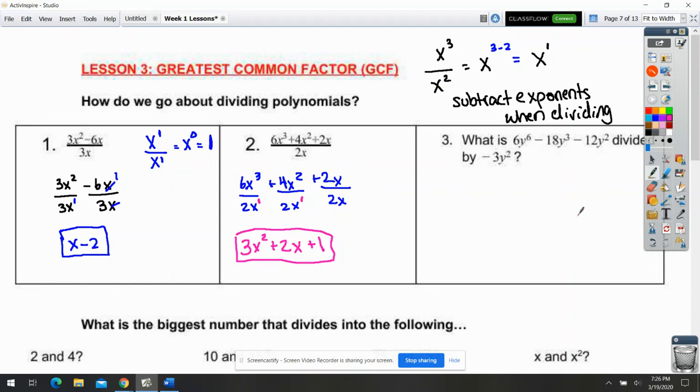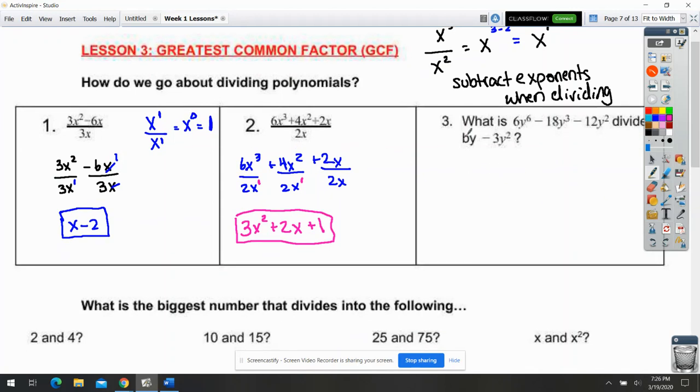Okay, number 3. What is 6y to the 6th minus 18y to the 3rd minus 12y squared divided by negative 3y squared? This is just written out as a question. So they want you to divide each of these terms by negative 3y squared.